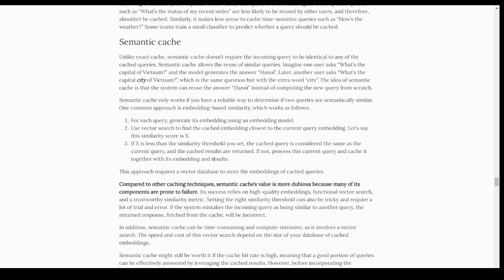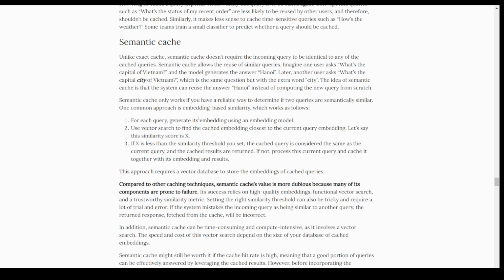It has its own pros and cons, and it works very well in a reliable way if we have an embedding model through which we can get almost similar queries using vector search. And if the similarity score of that particular query is greater than the threshold we have set, then we return those cache results.